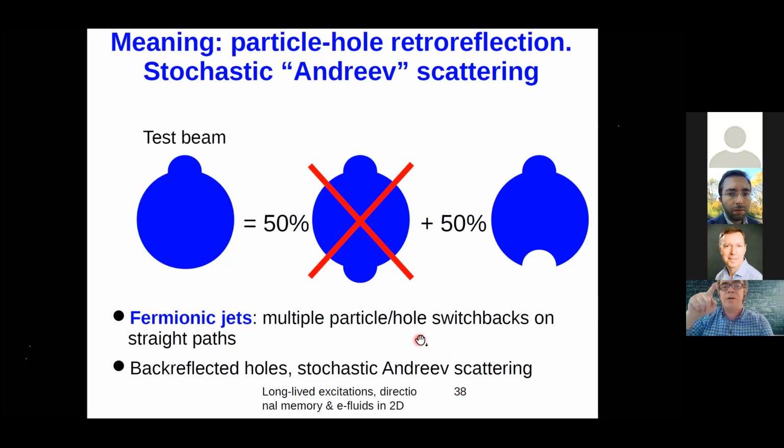If you inject a particle in the Fermi gas, it can collide. Maybe I should move away from the camera. If you inject a particle, then this particle will collide with an ambient particle, which is in a head-on arrangement, and they will both scatter somewhere.